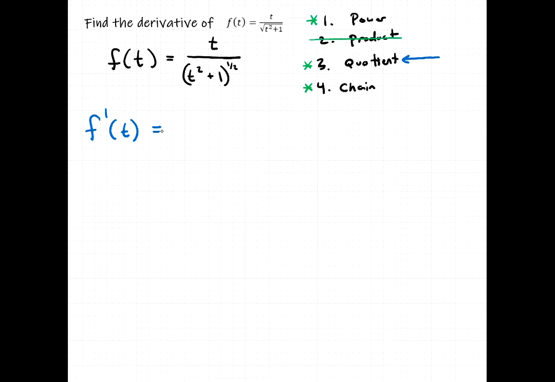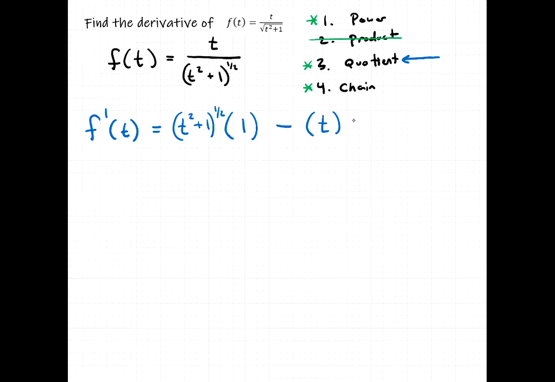So, quotient rule: it's the denominator, t squared plus 1 to the 1/2, times the derivative of the numerator. So low d high, the derivative of t is 1, minus high d low, or numerator, times the derivative of the denominator.